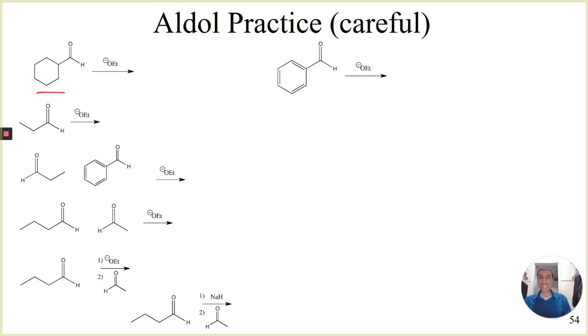Let's take a look at the very first reaction. Okay? When we run this reaction, our base comes in, removes the hydrogen, and we would create our nucleophile at that position. That nucleophile could now attack a second equivalent of our aldehyde. So we can now try and connect those structures together.